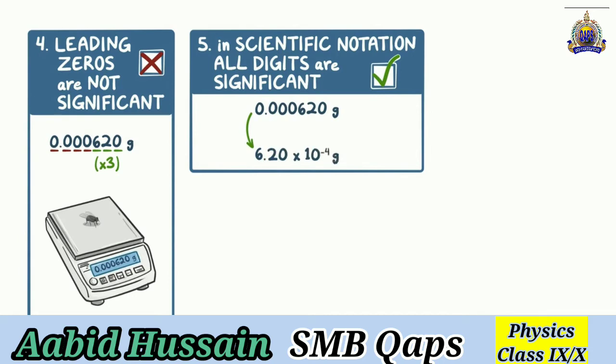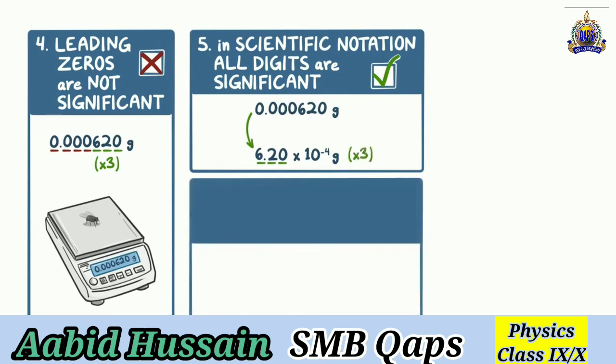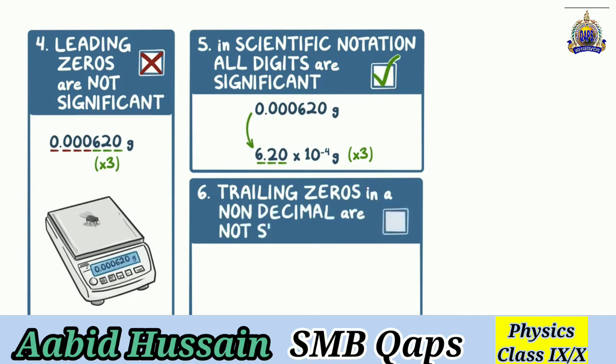Like if we have 0.00620 and we convert it into scientific notation, that will be 6.20 times 10 power minus 4. Then we have 3 numbers, 6.20, and these 3 numbers will be significant.